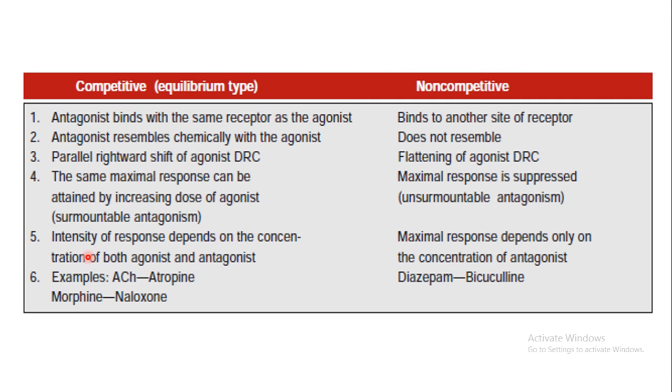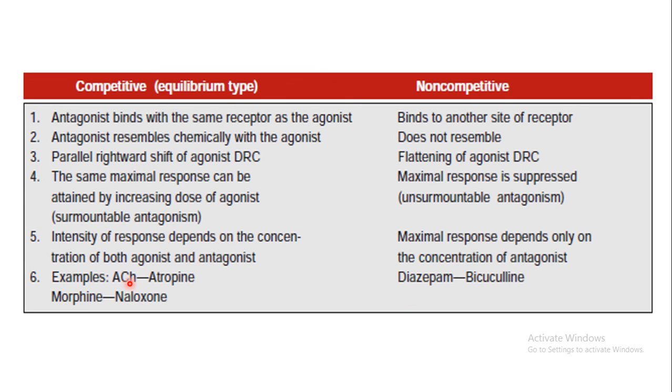The next point is that the intensity of response depends upon the concentration of both the agonist and the antagonist. But in case of non-competitive antagonism, the maximal response depends only on the concentration of the antagonist. Then examples are listed over here.